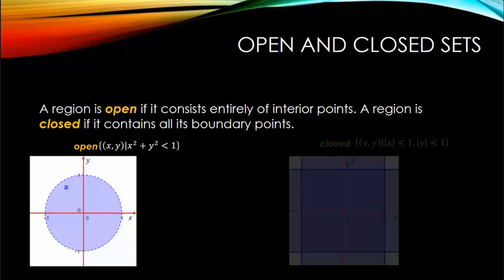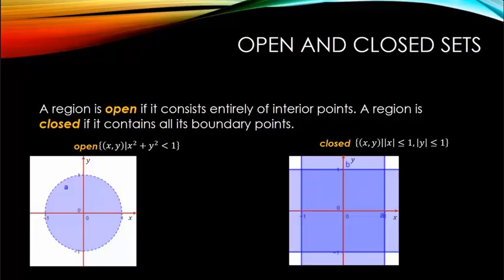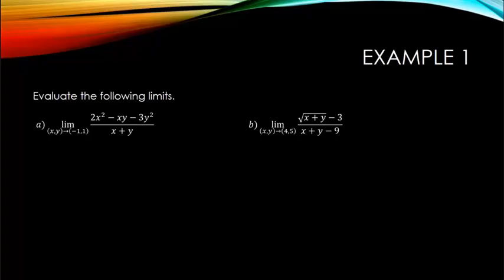A closed set might look like the set of all xy such that the absolute value of x is less than or equal to 1 and the absolute value of y is less than or equal to 1. This is a square, and it consists of all the points inside the square plus the points on the boundary of the square. So let's work some examples. We want to evaluate the following limits.